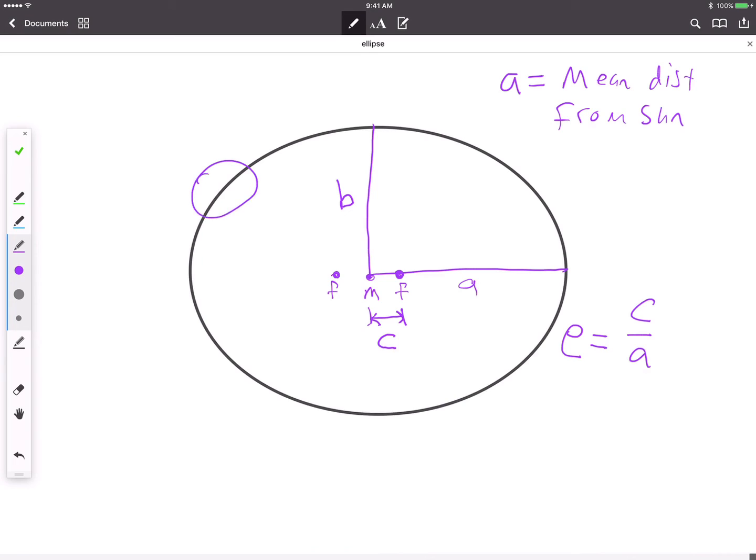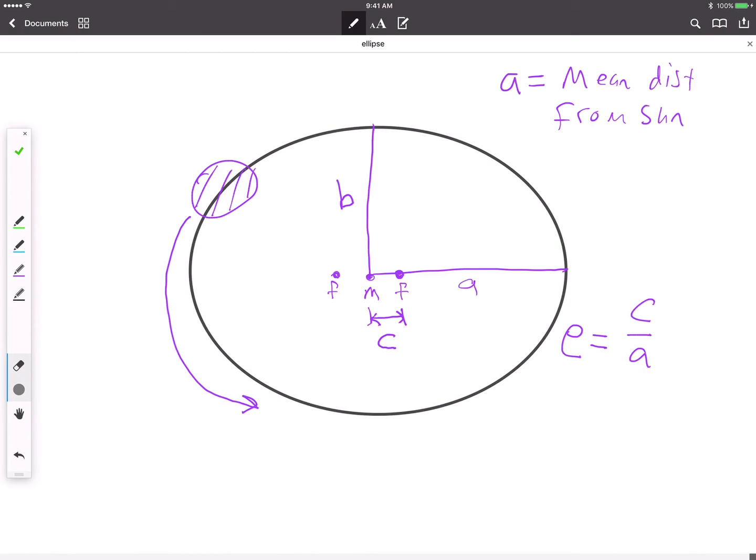So imagine you have a planet following this elliptical path. The elliptical path is actually centered at the midpoint. However, the sun is not necessarily at the midpoint of that ellipse. And the higher the eccentricity, the further away the sun is from that midpoint.